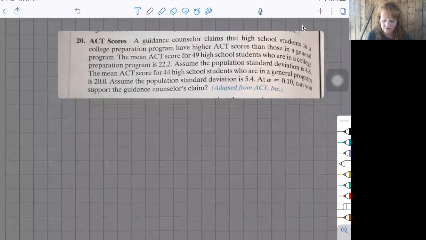So a guidance counselor claims that high school students in a college prep program, so this is our one kind of group, have higher ACTs than those in a general program. All right, so those are kind of our two groups that we're looking at, the college prep group and the general program group.